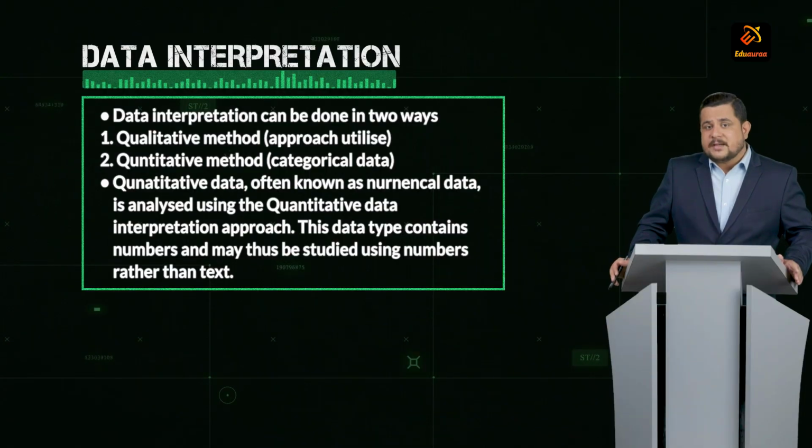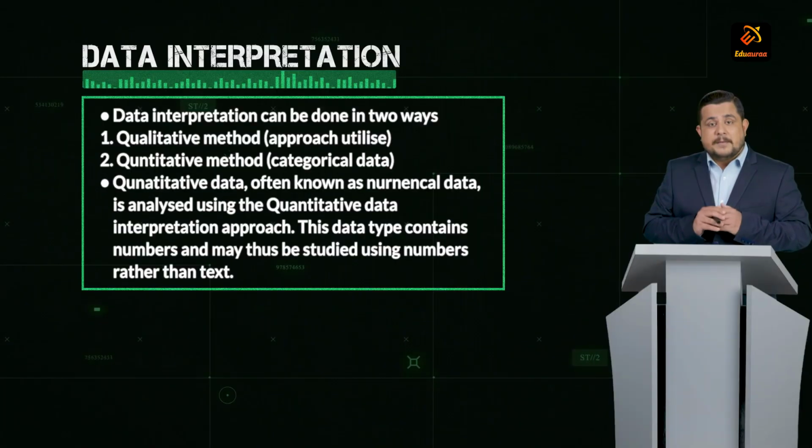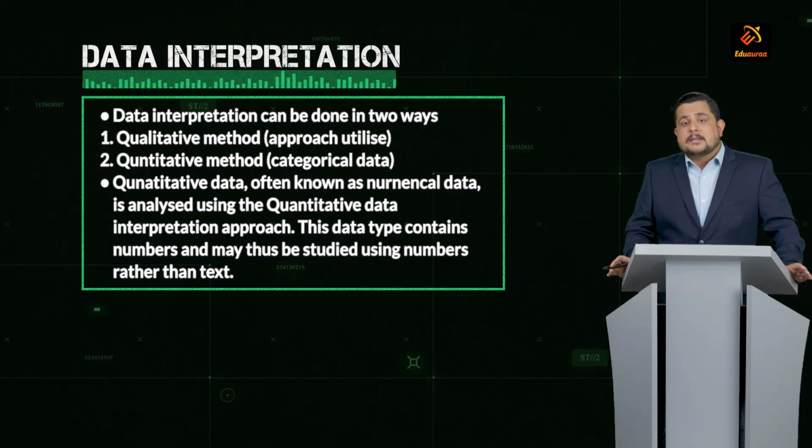The qualitative data interpretation approach is utilized where text is used rather than numbers or patterns to represent information. Before qualitative data can be examined, it must first be coded into numbers because the texts are frequently lengthy and time consuming.